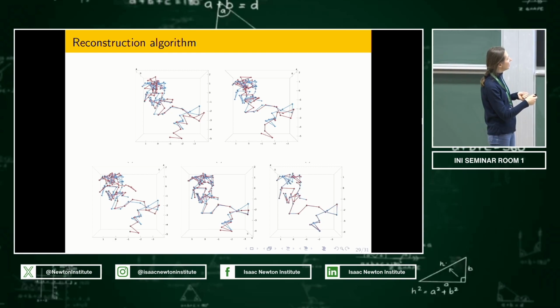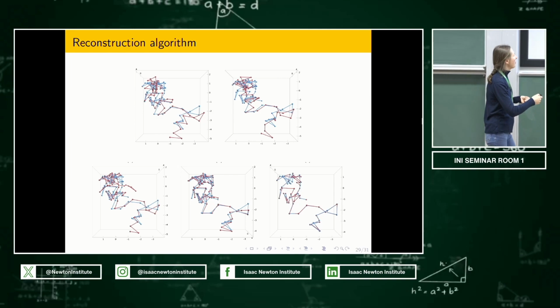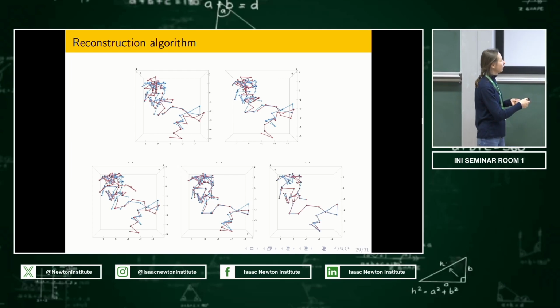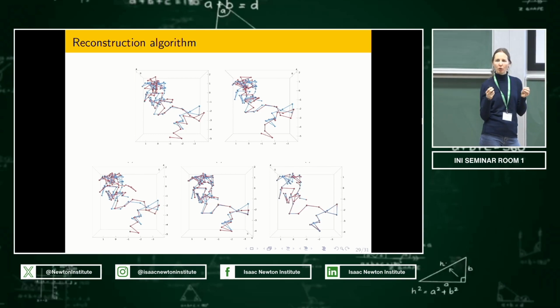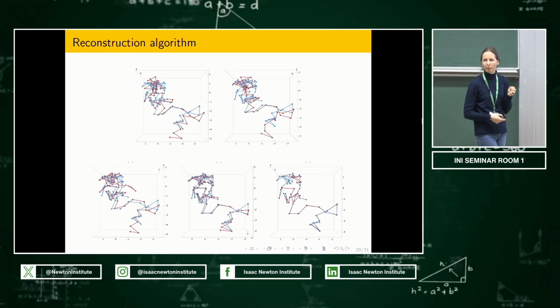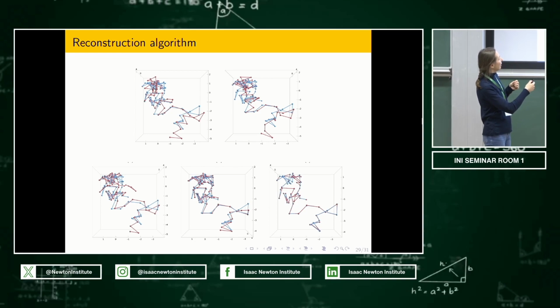So here is the unit ball, here is the penny graph, and the lower row is when we have all the inequalities coming from the unit ball model, but furthermore, we know some distances between pairs of vertices. So here we know them for 2%, 5%, 10% of pairs of vertices. And you can see for 10%, one already gets a pretty good reconstruction.